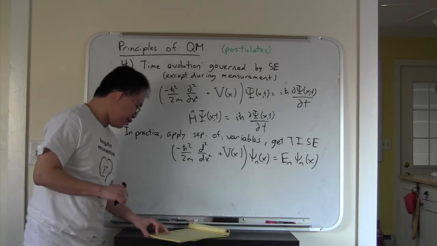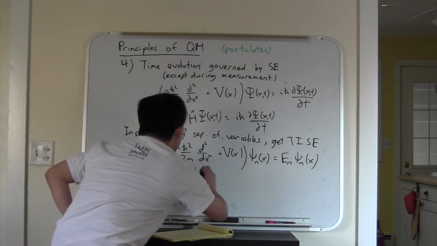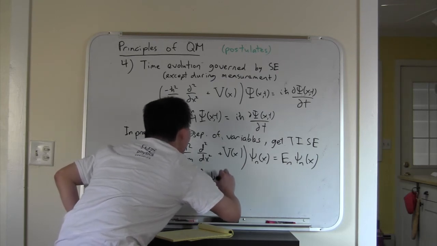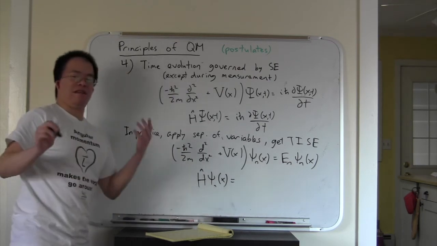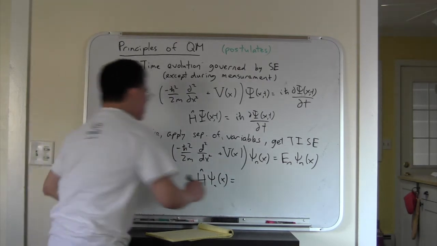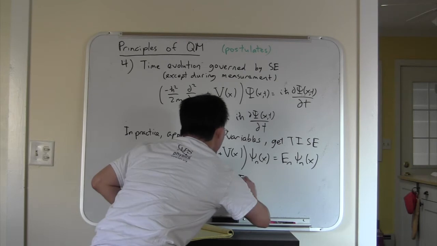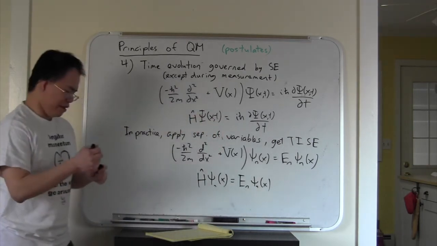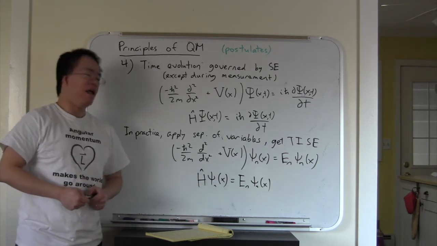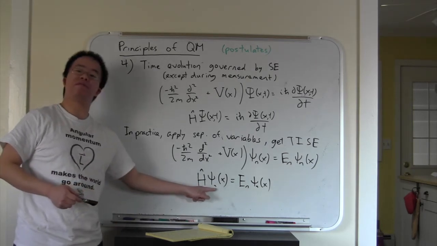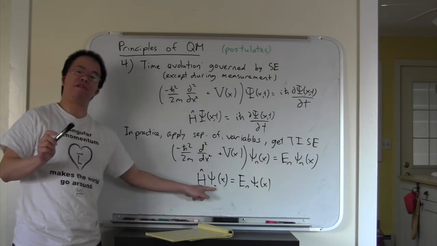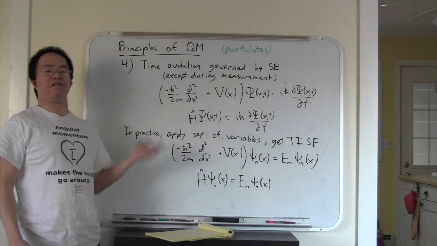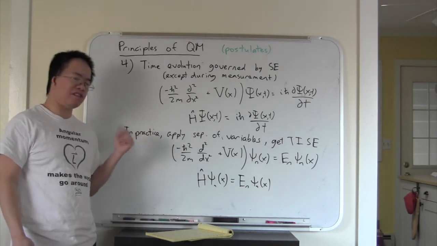And let me summarize. So this I can rewrite as a Hamiltonian acting on one of the solutions, giving me the energy eigenvalue E sub n. So the solutions to the time-independent Schrodinger equation are called stationary states. I'm going to erase the board and remind us of their properties.